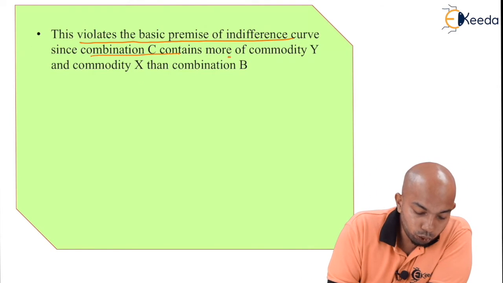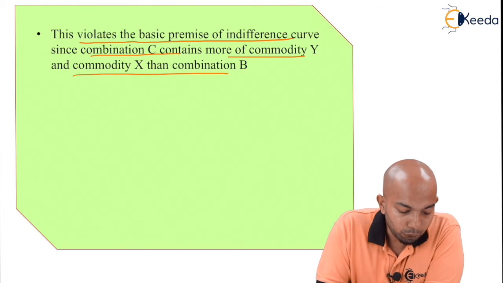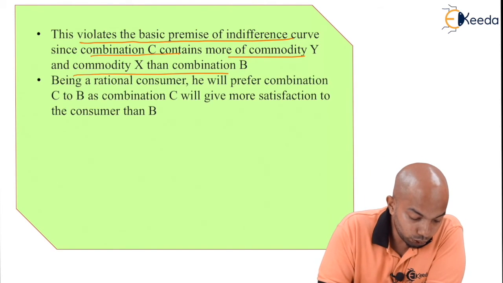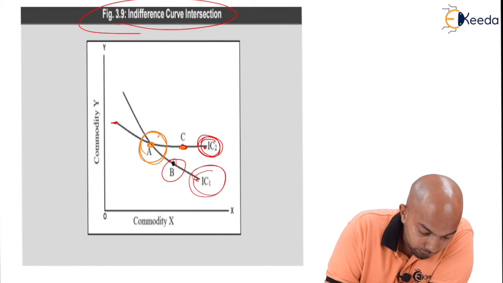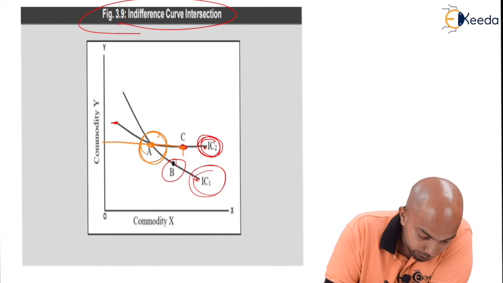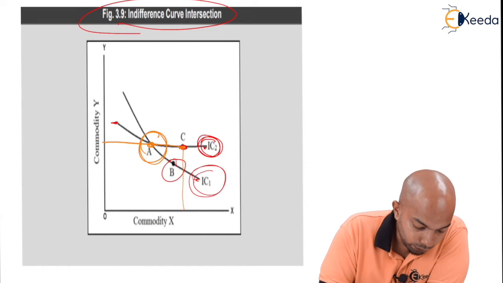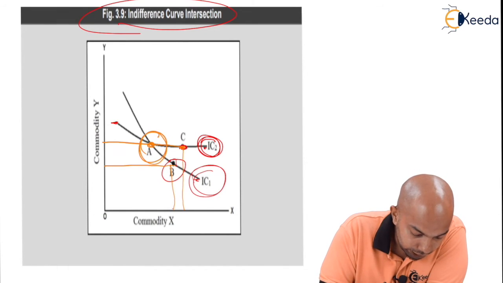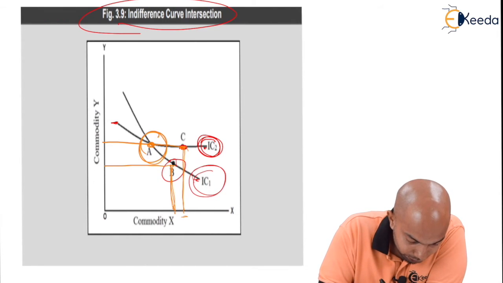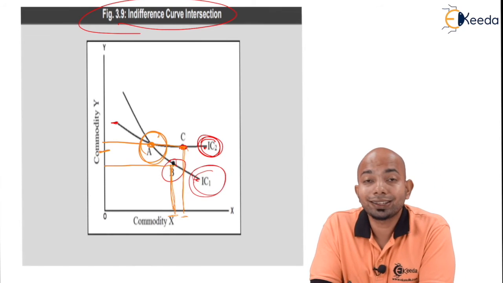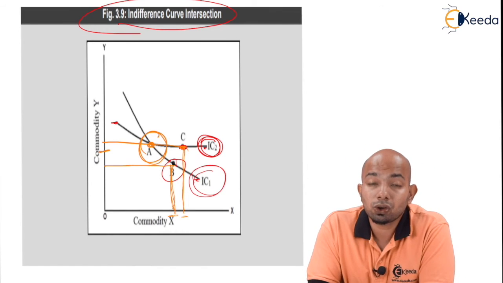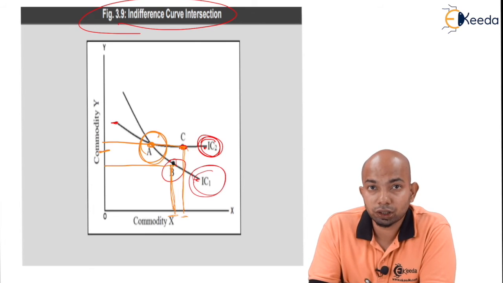Combination C contains more of commodity X and commodity Y than combination B. C has more of X, B has less of X. Similarly, B has less of Y. How can they give the same level of satisfaction?